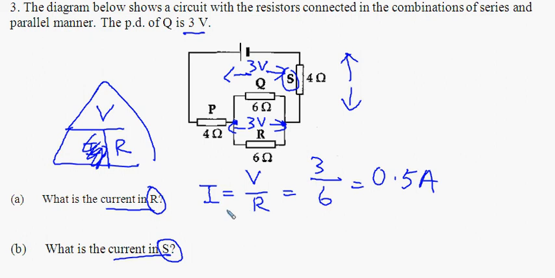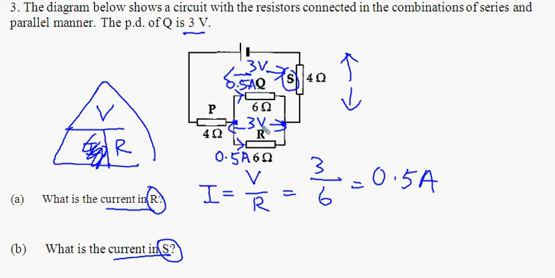So how do you find the current through S? Remember that when current goes through these two branches, it will split, and because these two resistors are the same, if I say the current passing through R is 0.5, I can also say that because it's the same resistance, the current going through Q is also 0.5.